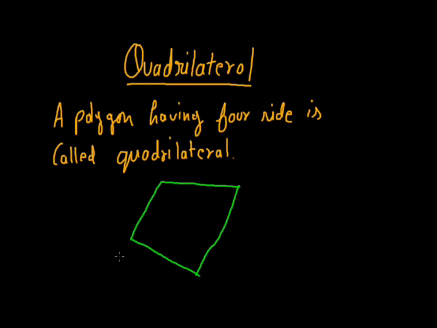This is a quadrilateral. Let's say this is vertex A, vertex B, vertex C, and vertex D. This is simply a quadrilateral having the vertices A, B, C, and D, and four sides: side AB, side BC, side CD, and side DA.